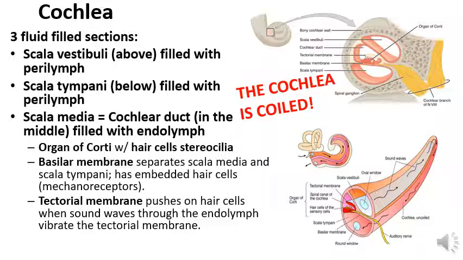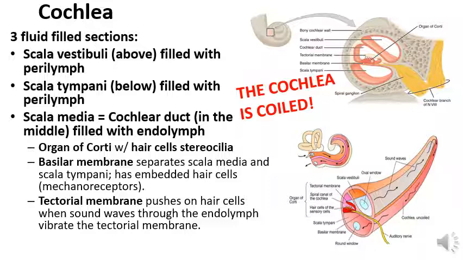And it's the cochlear duct where we find a special organ that is going to be responsible for taking the vibrations that we initially collect at the pinna and amplify in the middle ear through those ossicles. We're going to take those vibrations and convert them into action potentials. And that structure is called the organ of Corti.